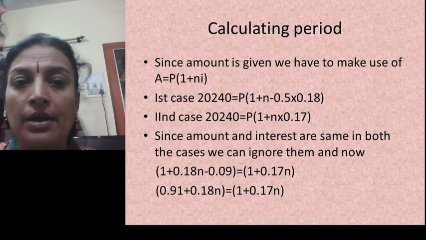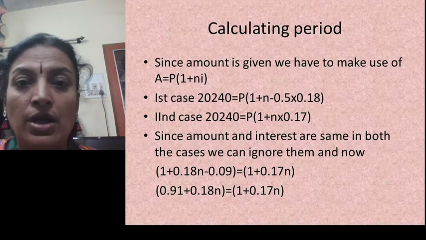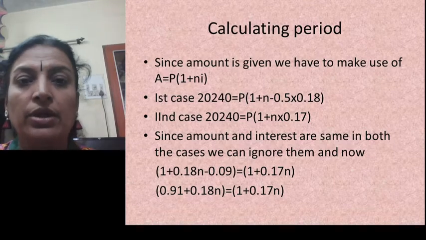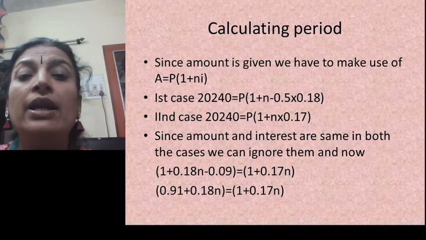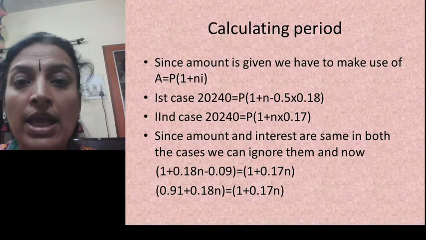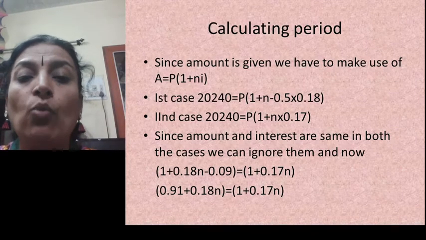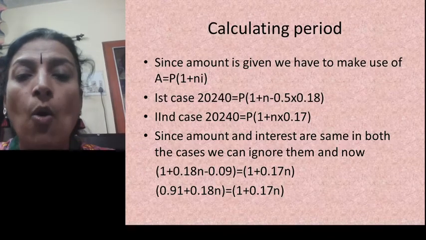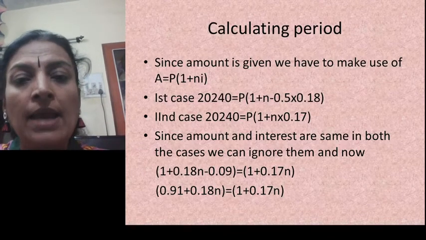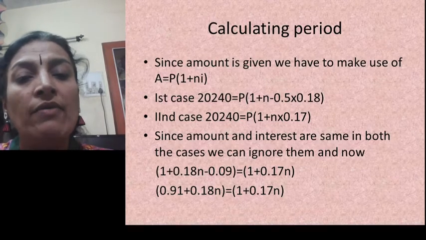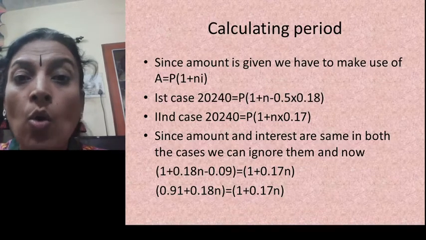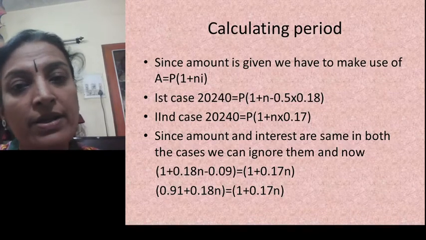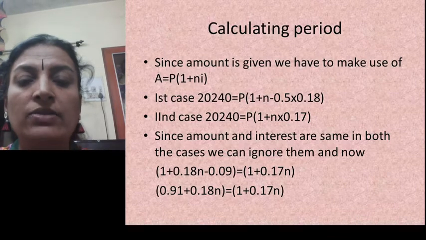You know what is R, that is the rate of interest, for example, 18% and 17%. 18% means 18 divided by 100, so I becomes 0.18. Similarly, for the other case, 17% means 17 upon 100, which is 0.17, is the I.